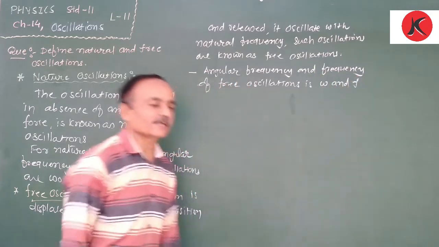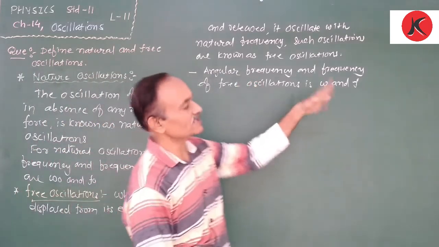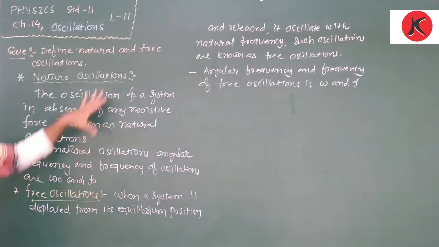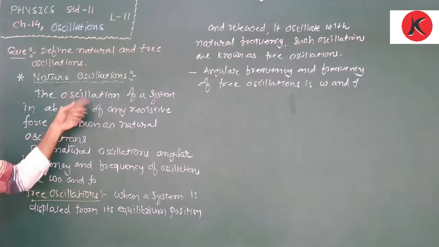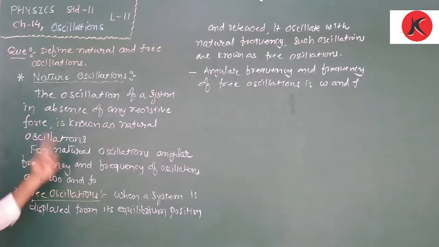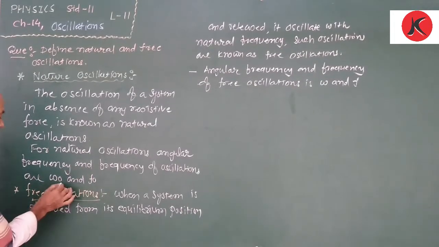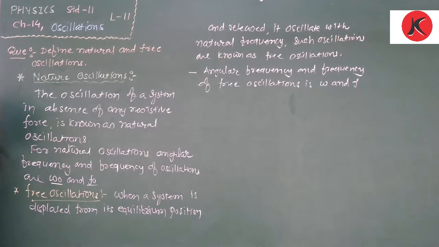That means the angular frequency is denoted by omega and the frequency of free oscillation is denoted by f. Clear? So these are the two definitions. One is the definition of natural oscillation: the oscillation of a system in the absence of any additive force. The angular frequency of natural oscillation is denoted by omega 0 and the frequency of natural oscillation is denoted by f0.